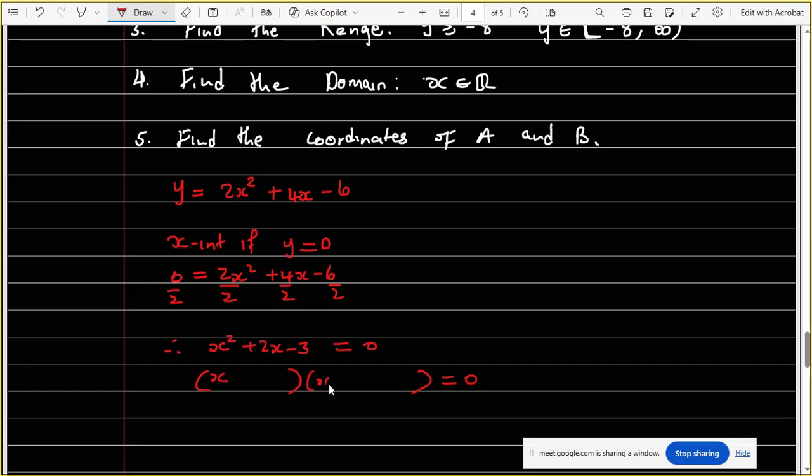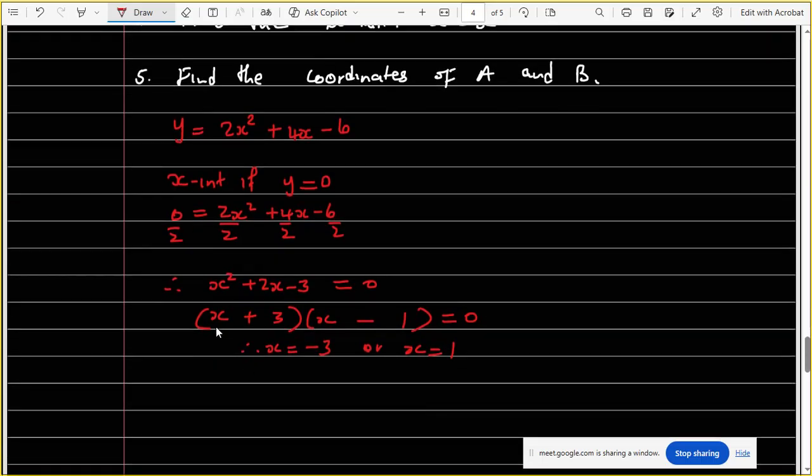This is x, and the factors of 3 are 3 and 1. The sign of the middle number, you give it the bigger number, and then this one will be negative. Therefore, x is minus 3, or the value of x is 1. The coordinates, since y is 0, will be minus 3 and 0, then 1 and 0.